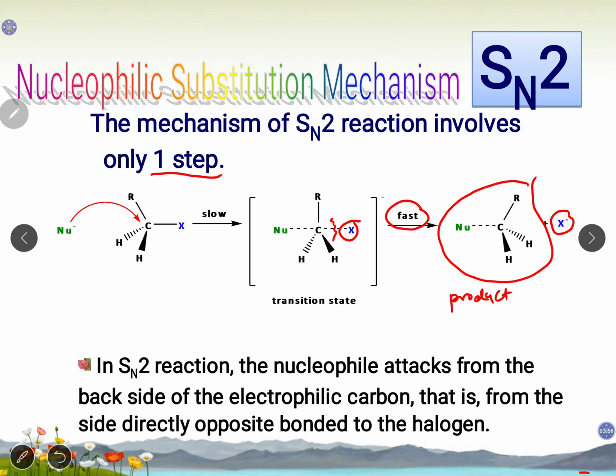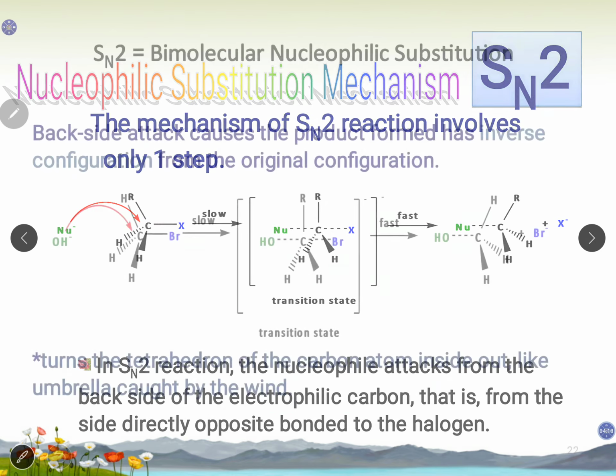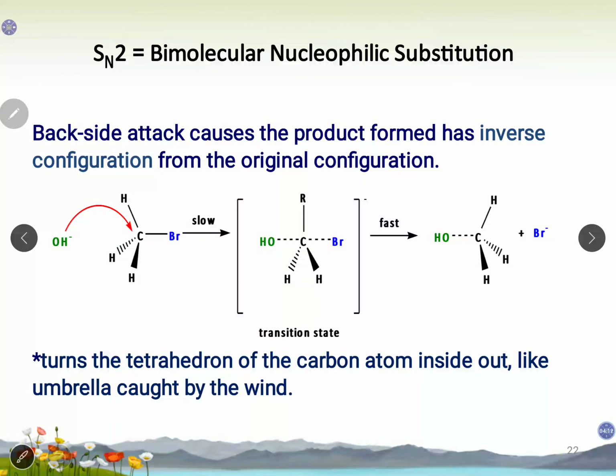So in the SN2 reaction, the nucleophile attacks from the backside of the electrophilic carbon, that is from the side directly opposite to the bond to the halogen, which is the X. So backside attack causes the product formed to have an inverse configuration from the original configuration.